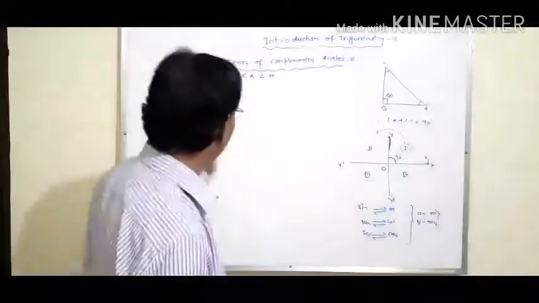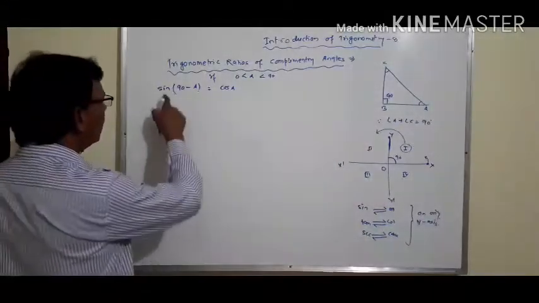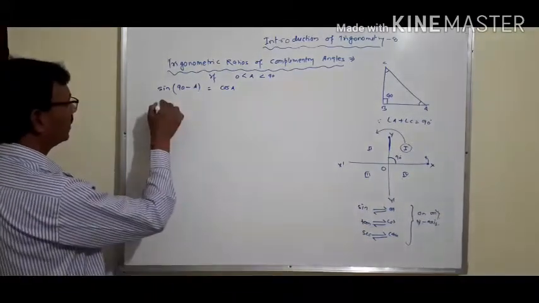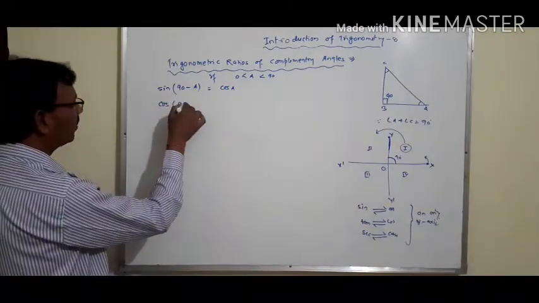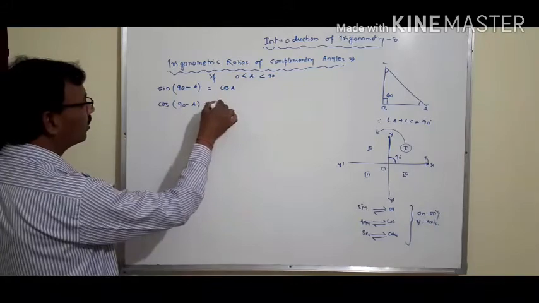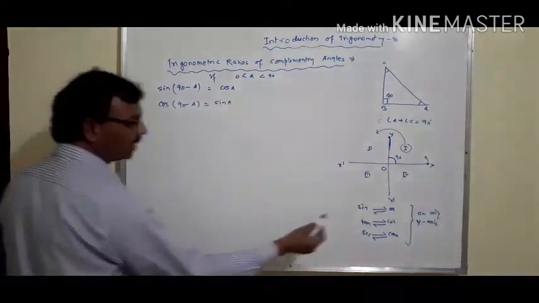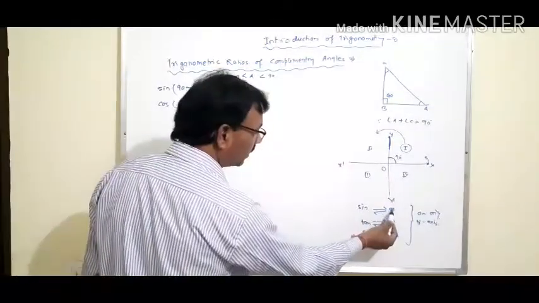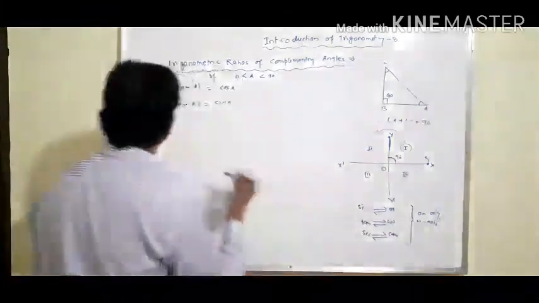So remember only this: sine of 90 minus A equals cos A, cos of 90 minus A equals sine of A. We have discussed here that cos changes into sine.